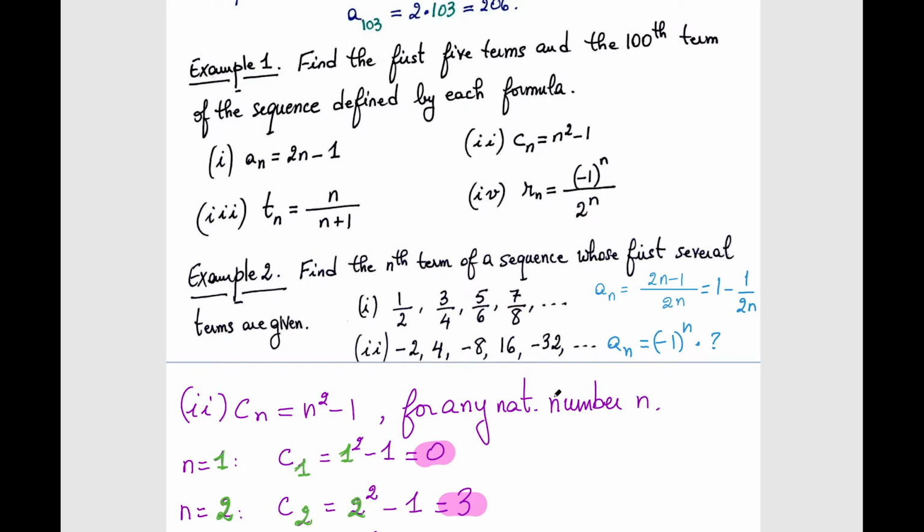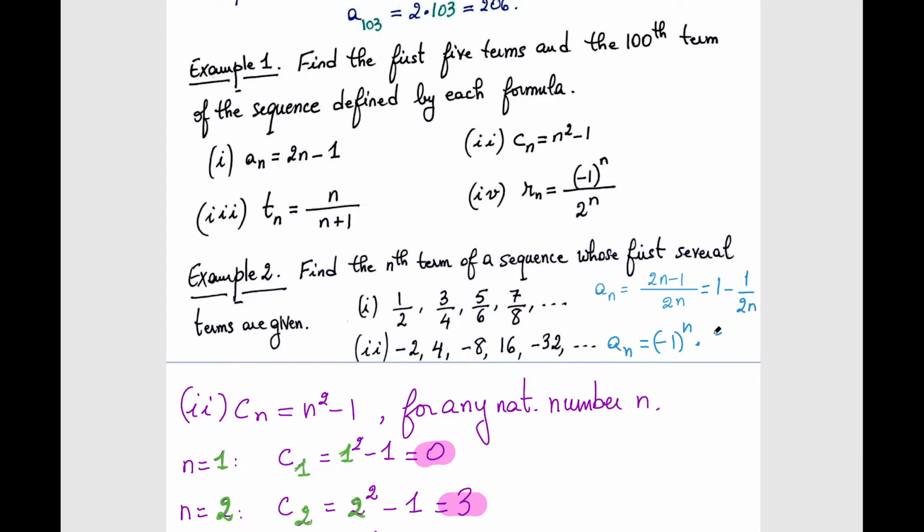Who should be here? Well, again, all these guys look like powers of 2. For the first term, this is the first power of 2. For the second term, this is the second power of 2. For the third term, the third power of 2, and so on. For the fifth term it is the fifth power of 2, right? 2 to power 5 is 32. And for the nth term it's going to be the nth power of 2.